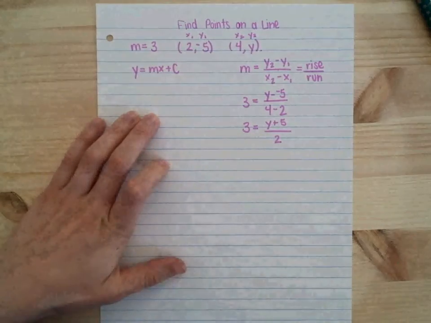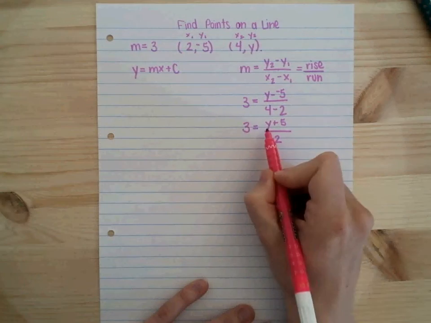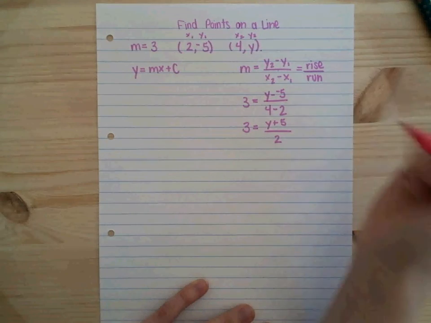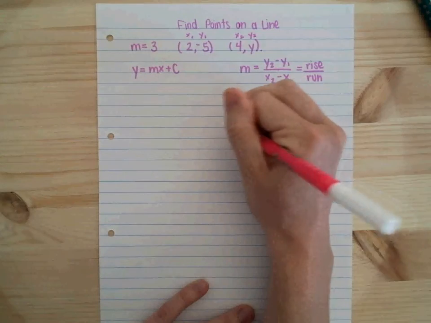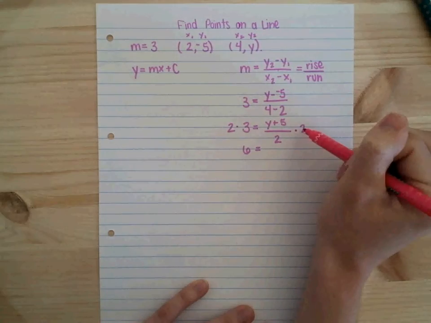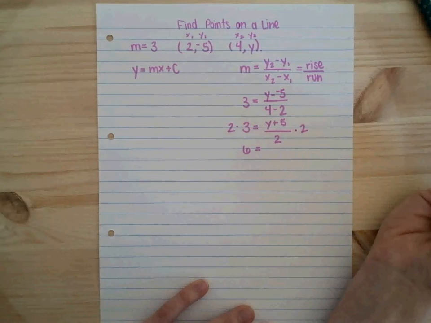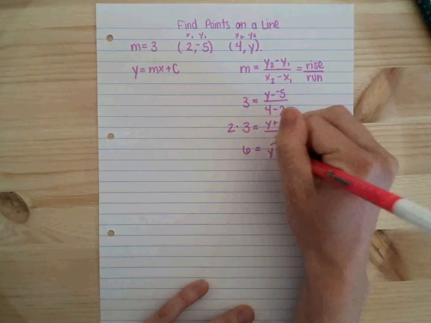So now I have a linear equation, and I need to solve this equation for the variable y. First, I need to get rid of the division by 2, so I'm going to do the opposite, which is multiplying both sides by 2. I get 6 on the left side, and when I multiply by 2, the division by 2 cancels out, so I just have y plus 5, the numerator.